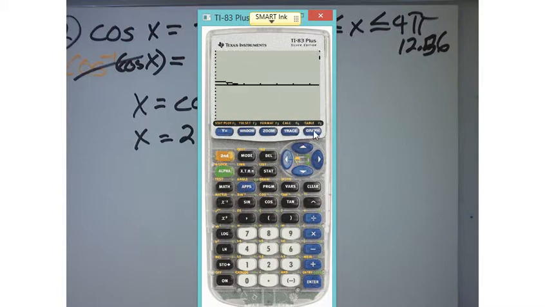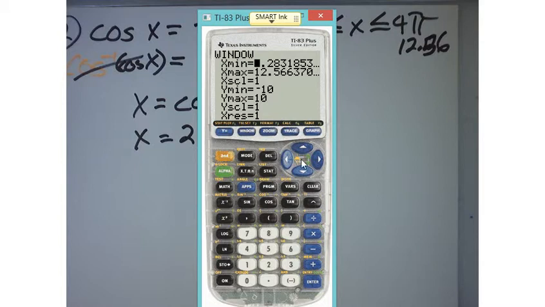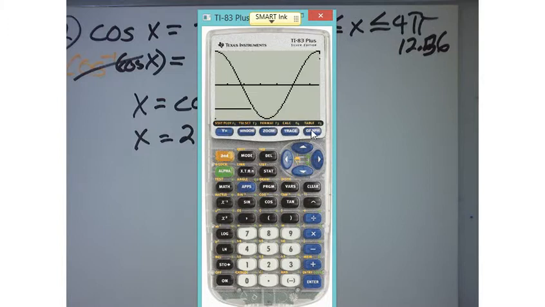Maybe I'll change my y, because that's a little big. I'm going to go from negative 1 to 1, and now we'll zoom in a little bit better. So we see that it only crosses 2 times.